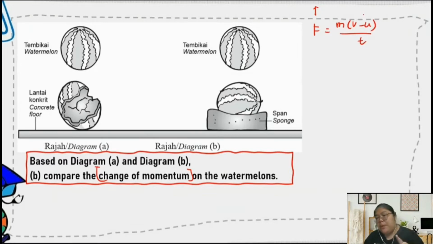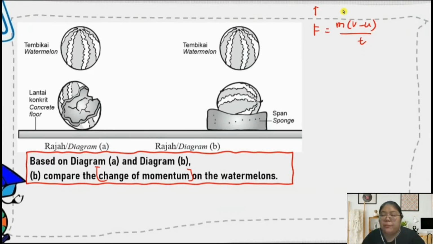So when you compare 2 things, the third physical quantity must be constant. You cannot say the impulse also increases. If you compare 3 things, I cannot get the result. So 1 must be a constant variable, then the other 2 we compare. So from here, the change of momentum is constant in both diagrams because the mass is the same.